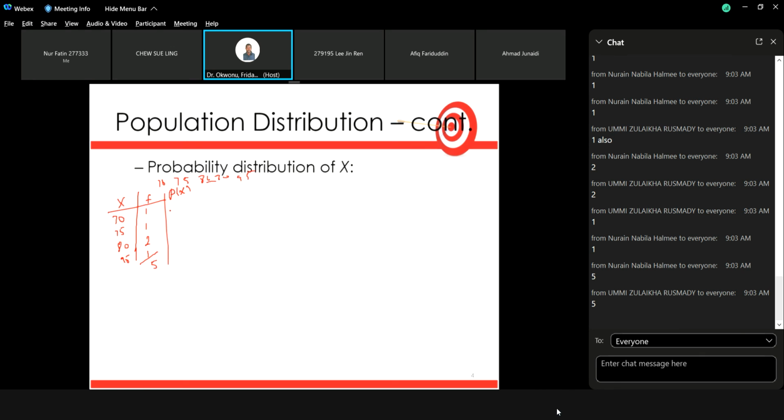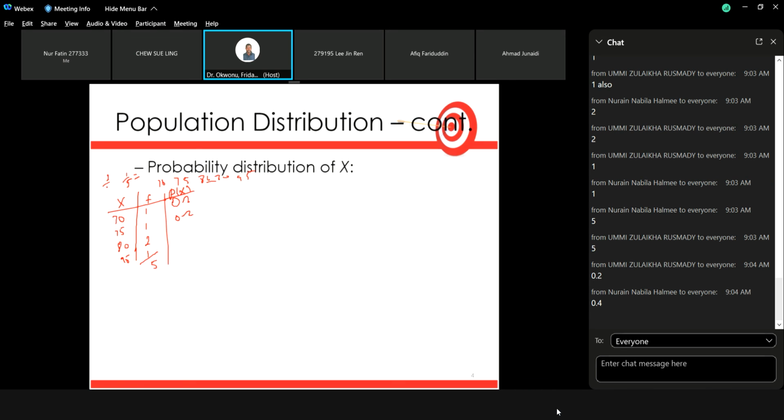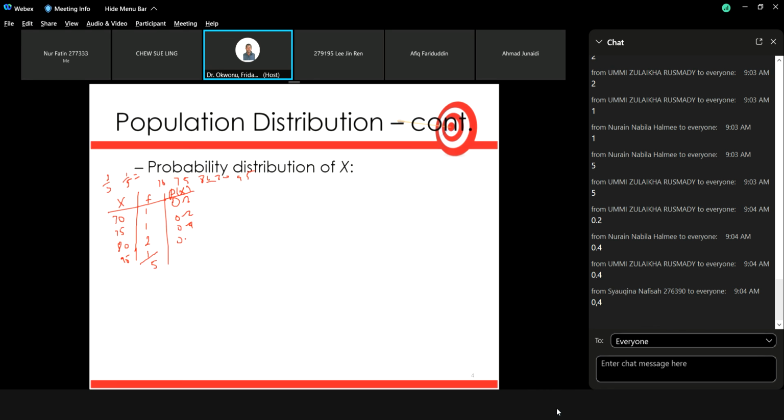So now you can form the probability. Divide everything here by 5. So 1 divided by 5 is what? In decimal, what is the value? 0.2. This will give you 0.2 also. So 2 all over 5, what do you have? 0.4. Then 0.2.